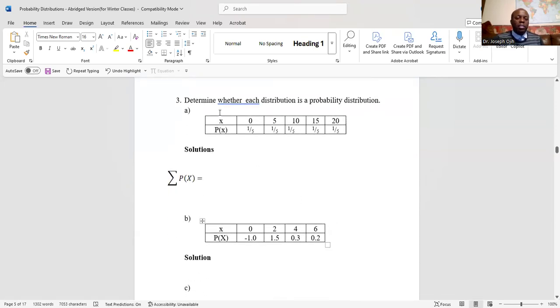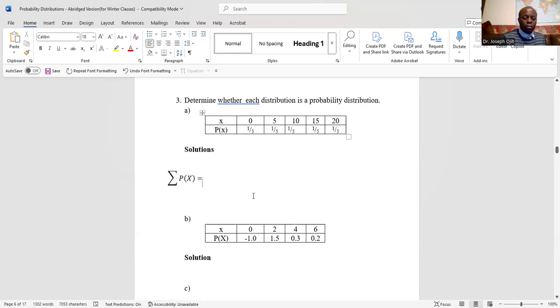Let's apply it here. Determine whether each distribution is a probability distribution. To do that, we test whether it satisfies the first requirement or the second requirement. For this one, let's see if it satisfies the first requirement. I can see the X is right here, and I can see the P(x).